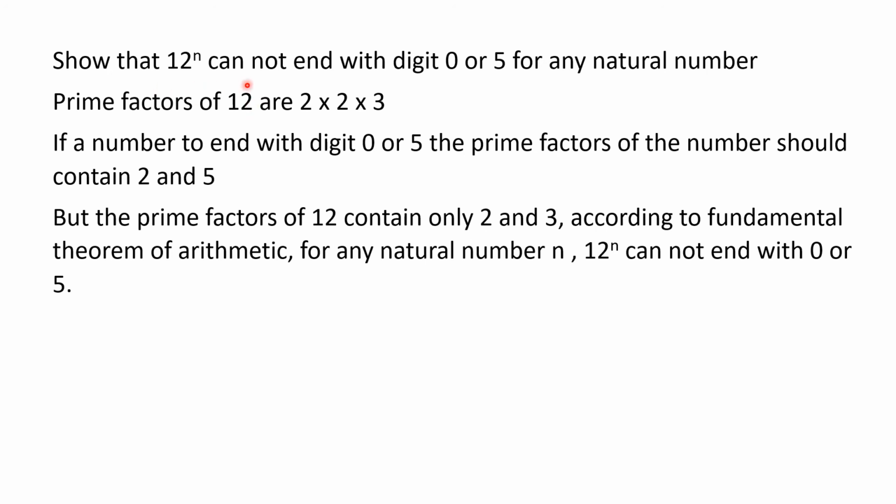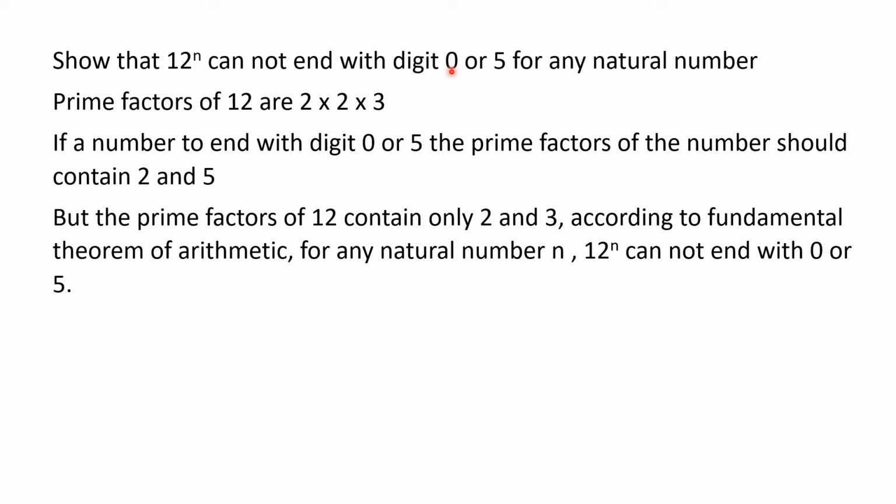Show that 12 power n cannot end with the digit 0 or 5 for any natural number n. The prime factors of 12 are 2 into 2 into 3, right? If a number ends with 0, you take 10. What are the prime factors of 10? 2 and 5. And if a number ends with 5, you take 25.